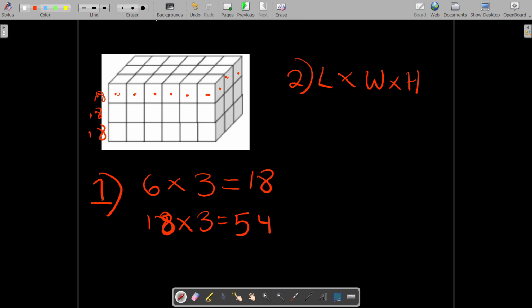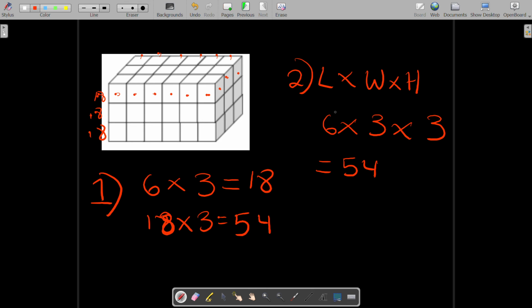Now, the length here we can see is 1, 2, 3, 4, 5, 6, so 6. So we do 6 times the width, which is 3, and then the height is also 3. So we would do 6 times 3 times 3, which is equal to 54.